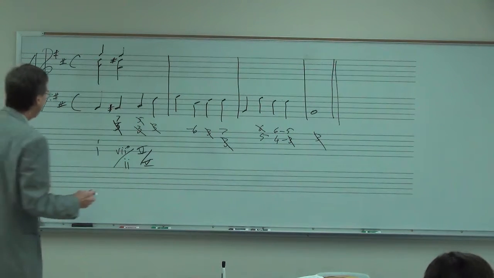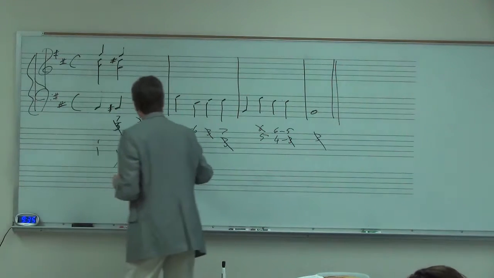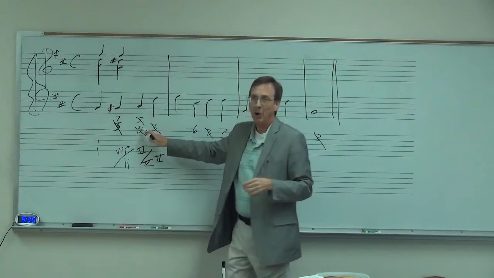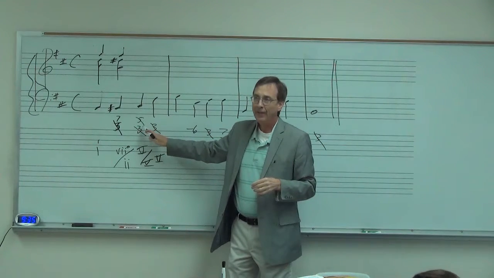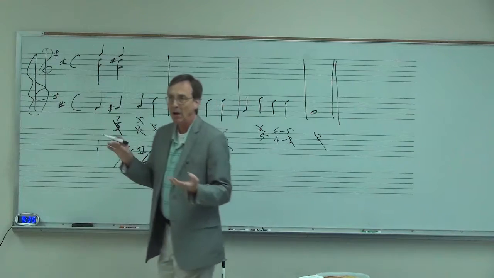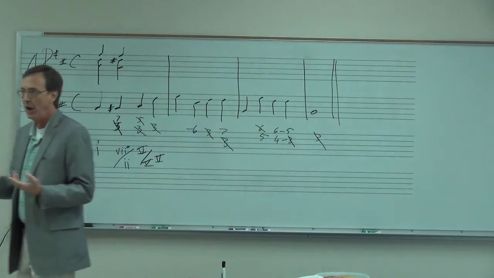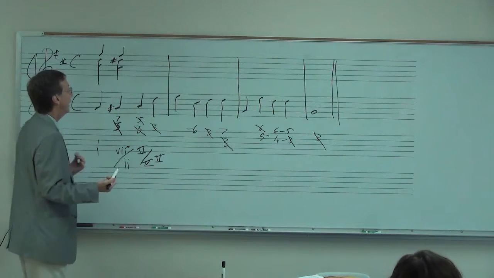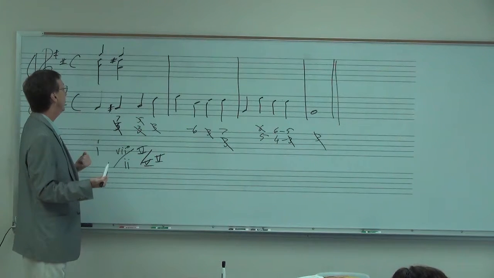Now, because this is a 5 chord here, we don't want to double any note that is chromatic. We normally don't double chromatically altered notes. So the note we want to double is, you can do it, Dave.